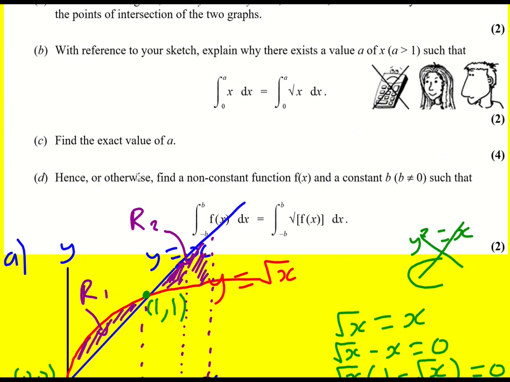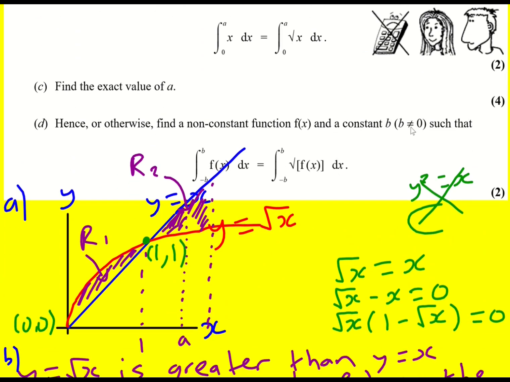In part D, we're asked, hence or otherwise, find a non-constant function f of x and a constant b, but b is not equal to 0, such that this is true.